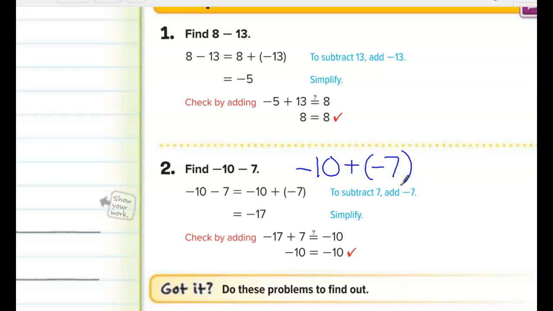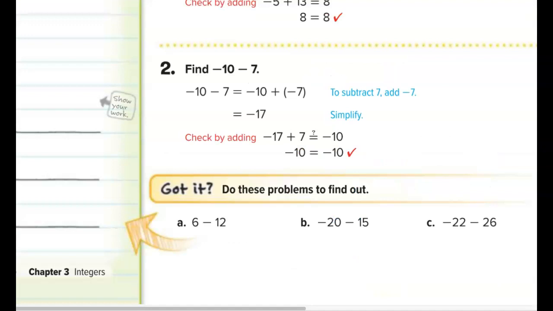If I have 10 negatives and I add 7 negatives, how many total negatives do I have? 17 negatives, so my answer is negative 17. Okay, I want you to rewrite all of them as addition sentences on A, B, and C, and then solve.